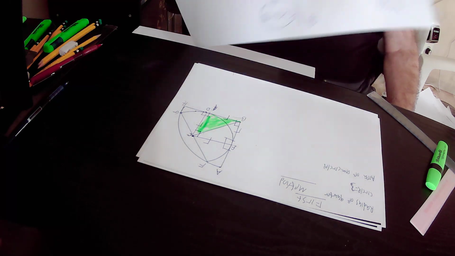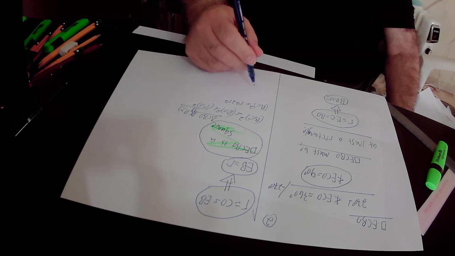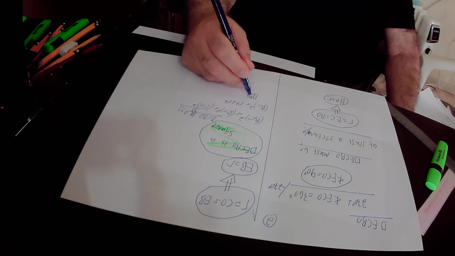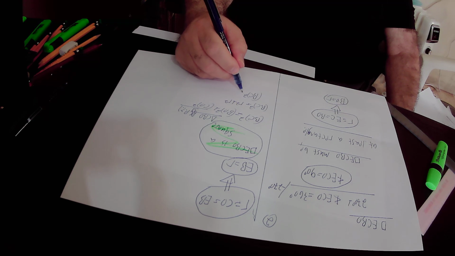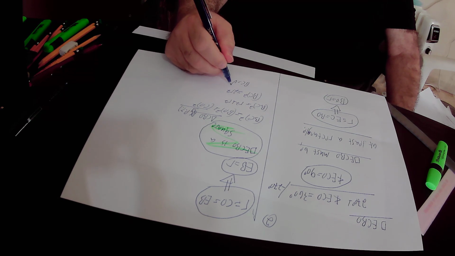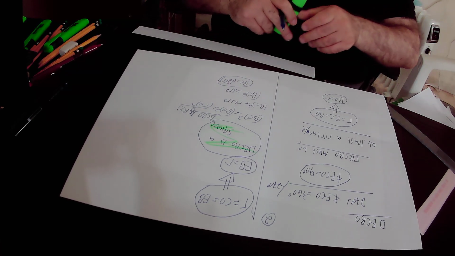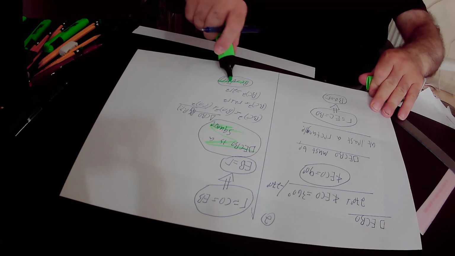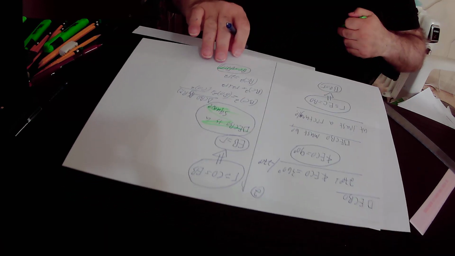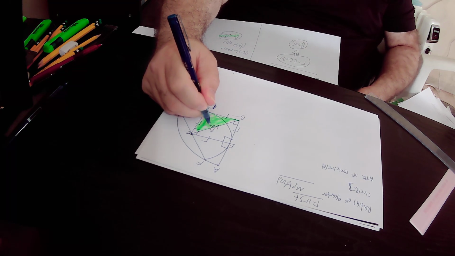So in conclusion, BC square equals R square plus R square, which is 2R square. Here we'll take a root of this equation and we get that BC equals the square root of 2R. That is the length of diagonal BC.